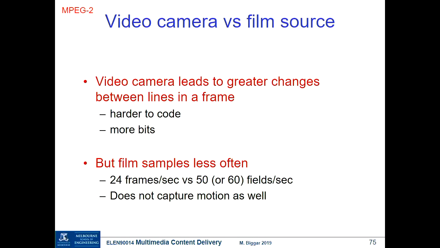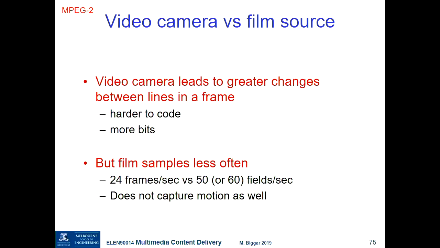The director or the cinematographer would typically structure the angle of the camera to try to minimise this effect. But if there's a lot of motion across the field in a movie, then you get this visual effect. So, particularly for sports, for instance, it's much better captured on a 50 or 60 field per second interlaced camera.